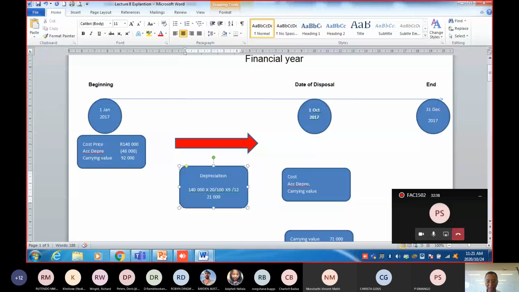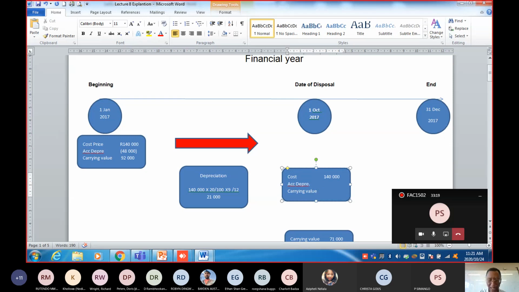So if you take a look at the situation now, what is happening on the 1st of October? On the 1st of October, we are selling an asset which has cost us 140,000 Rand. Now, accumulated depreciation on this asset: remember, at the start of the year, it was 48,000 Rand. There is a further 21,000 Rand of depreciation that must be added onto accumulated depreciation.